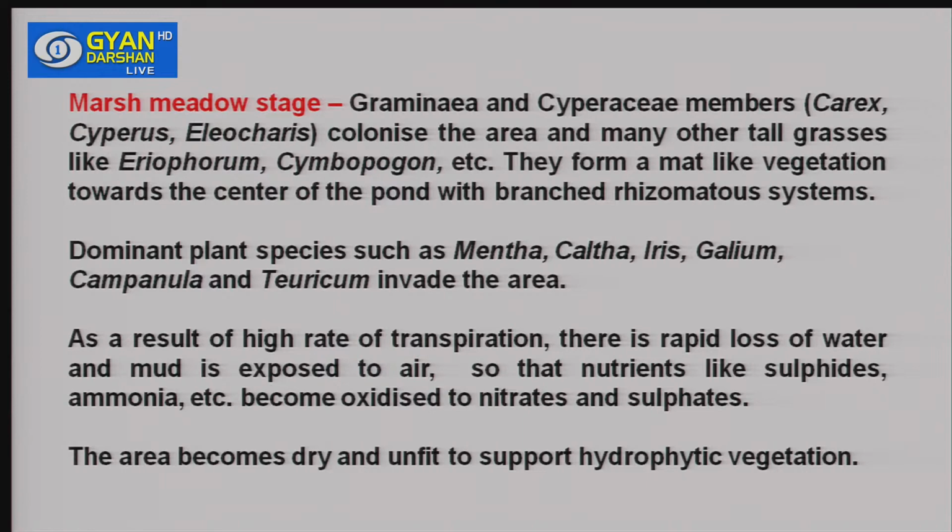Now you will not be able to identify that initially it was a pond, because it is gradually becoming a terrestrial kind of habitat. The plants have a rhizomatous system. Now the dominant species are mostly herbaceous, like Mentha, Galium. As a result of the high rate of transpiration, there is a rapid loss of water and the mud is exposed to air.